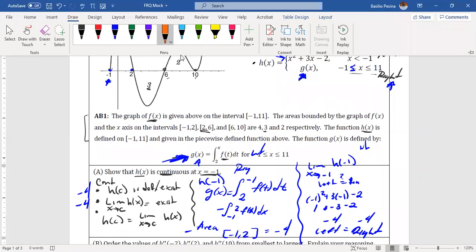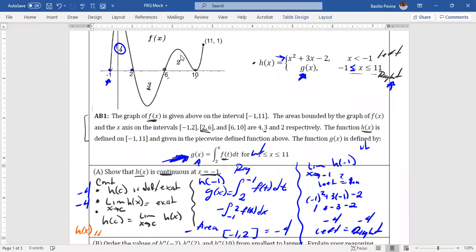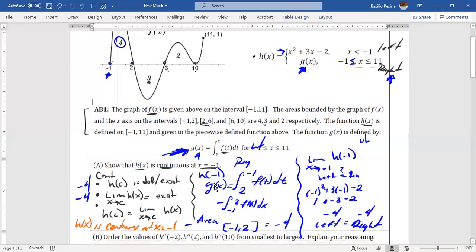So we would just write h of x is continuous at x equals -1 because it meets the requirements of this continuity.